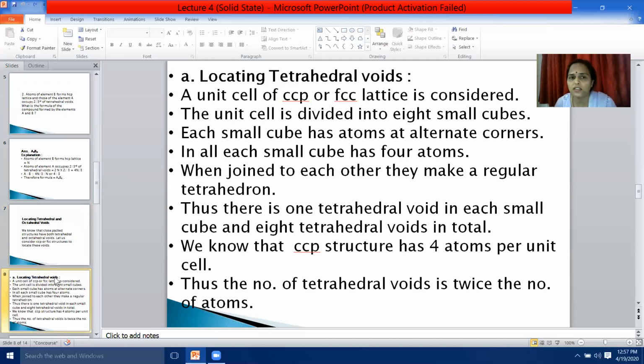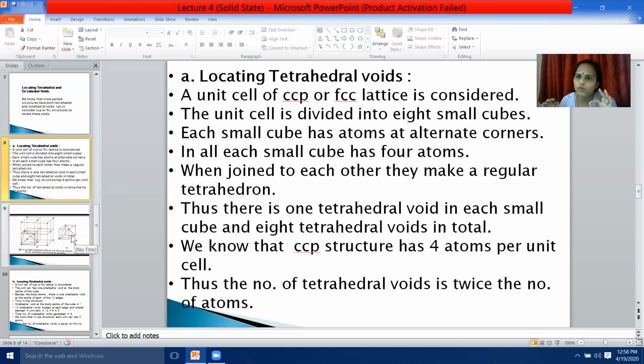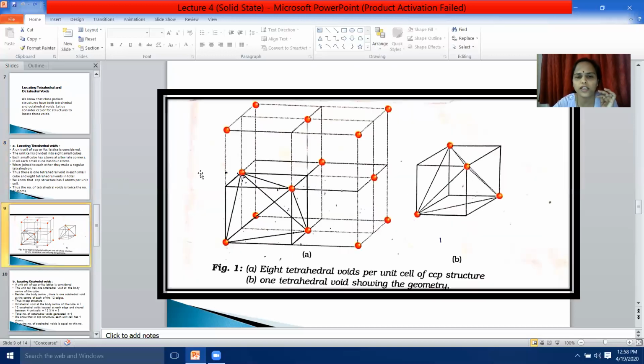First, let us locate the tetrahedral voids. We'll consider a unit cell of CCP, where CCP stands for cubic closed pack structure, or FCC lattice. If you look at this figure, this is a CCP arrangement in which the unit cell comprises 8 small cubes.